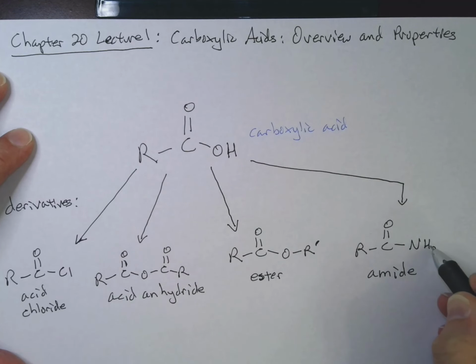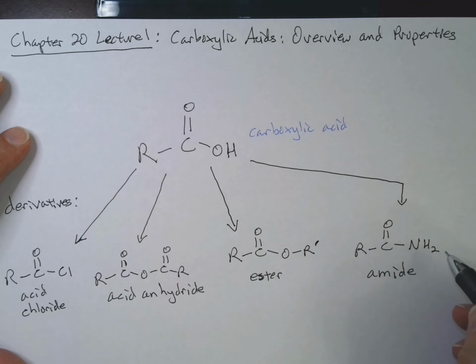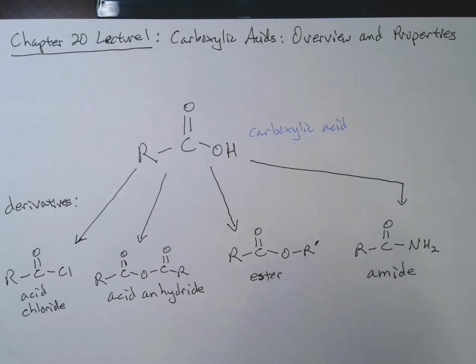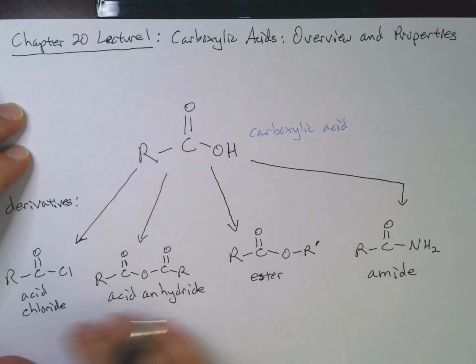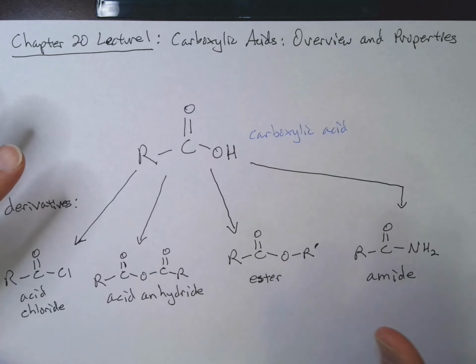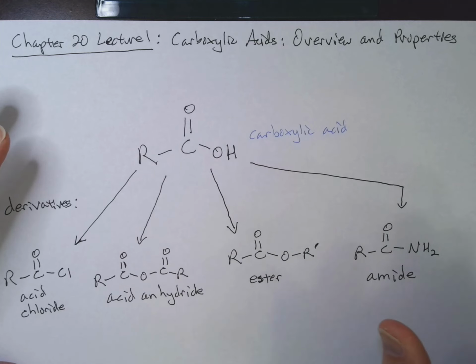Now we could have R groups, alkyl groups instead of hydrogens here, but this is the sort of core structure of an amide. All right. Now we'll talk about all of these later on, actually in chapter 21. But for now, let's focus on carboxylic acids.